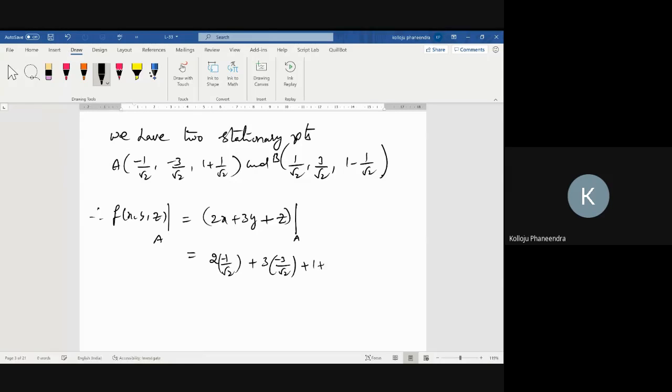And z value 1 plus 1 by root 2. So this is what? Minus 2 minus 9, minus 11 by root 2 plus 1 by root 2 plus 1. Isn't it? Right? So this is minus 10 by root 2 plus 1. Any corrections?